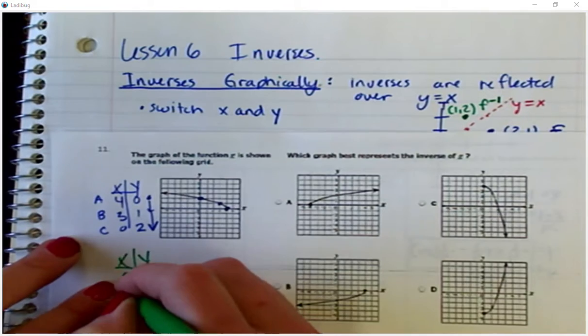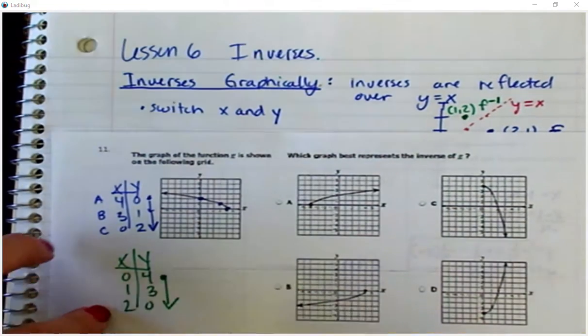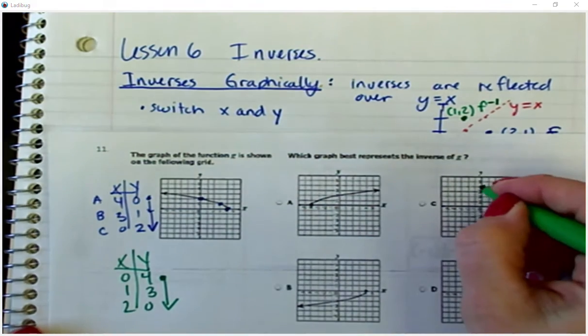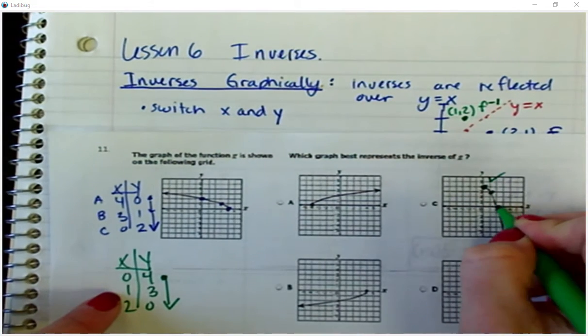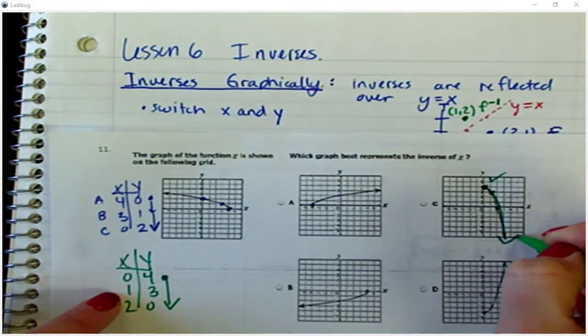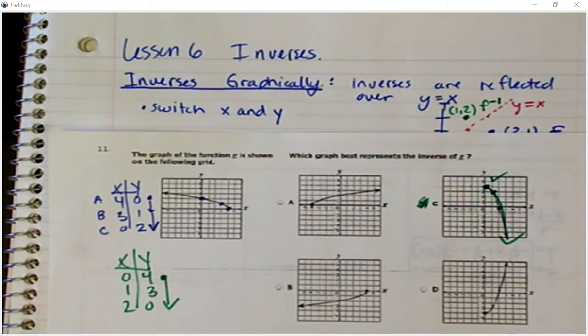That's the end point. 1, 3, 2, 0. That's the arrow. Okay, and I look for it. Who's got a 0, 4? Look at the arrow. End point to arrow. And that's how you can find your inverse. You don't have to do it algebraically.